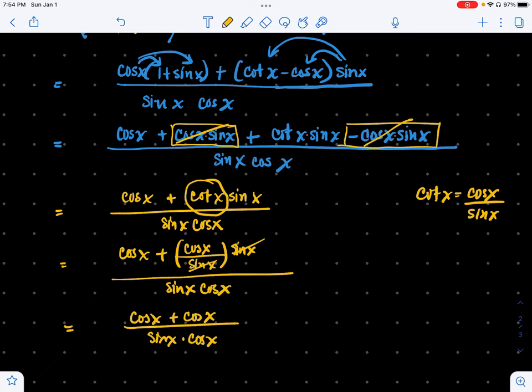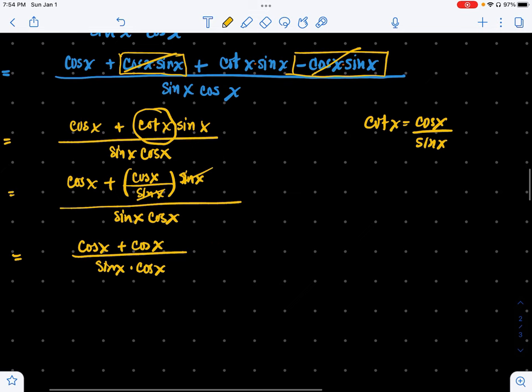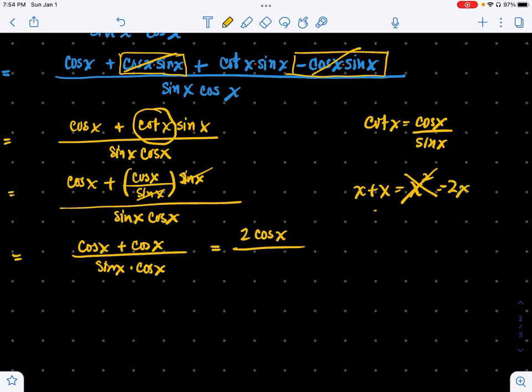Please, again, you cannot cancel the cosines yet. But what we can do is, in the numerator, we have like terms, cosine x plus cosine x. It's not cosine squared x.